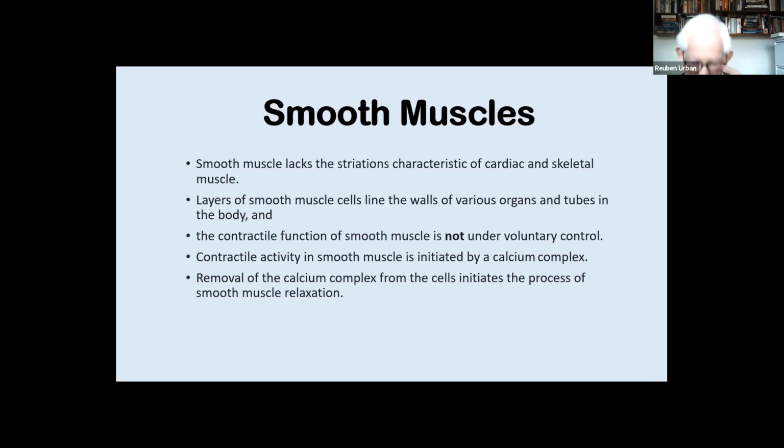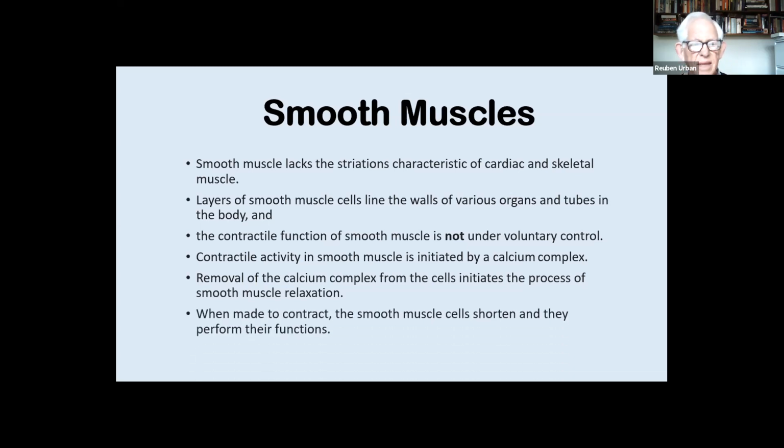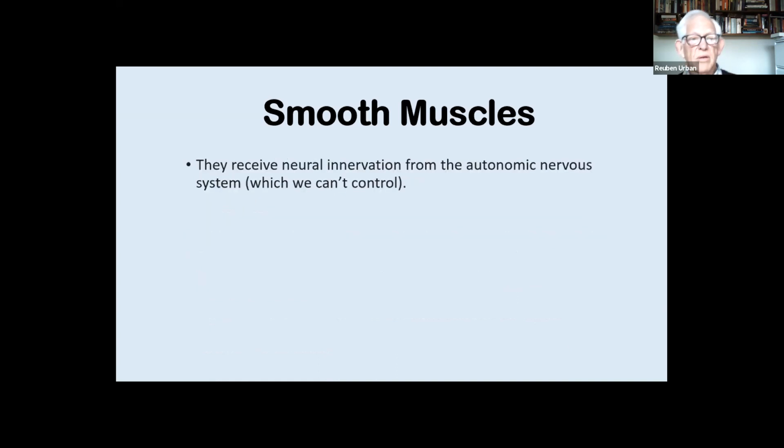So we need calcium and ATP, and this is the opposite of it. We get something which I haven't mentioned before: neural innervation. Neural refers to nerves.